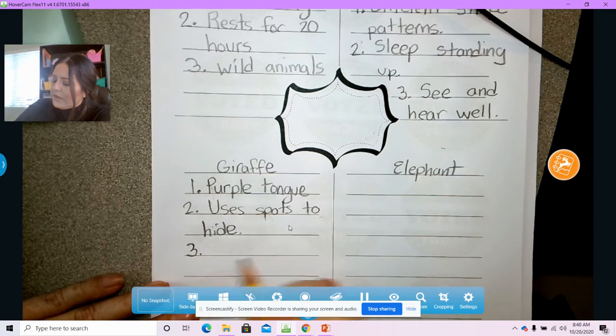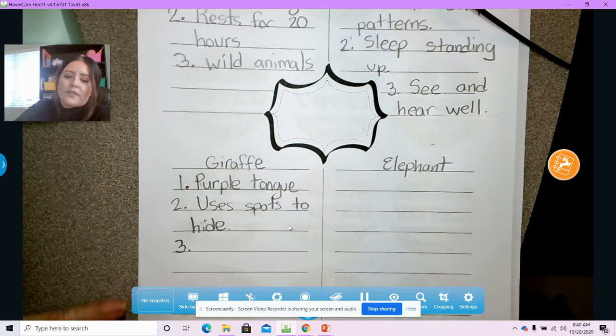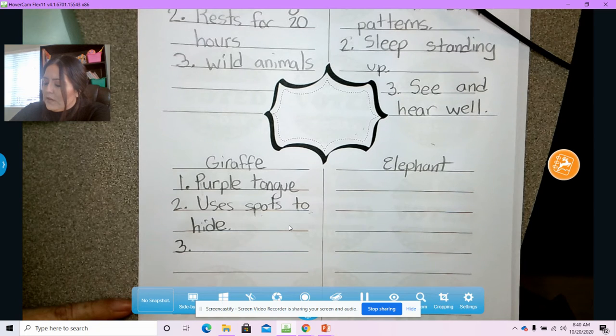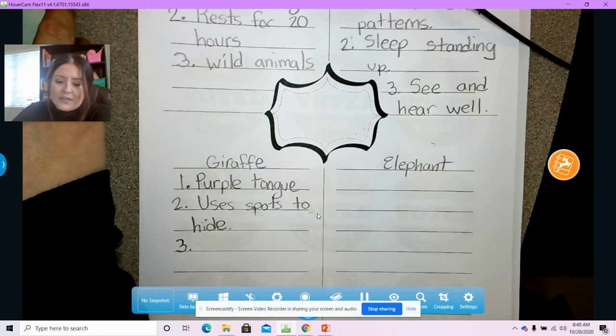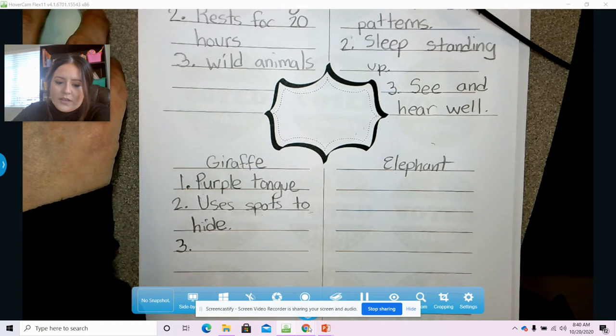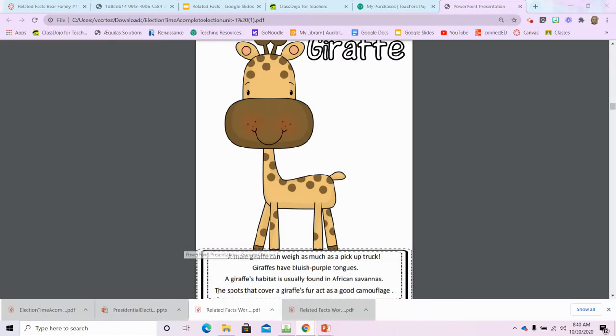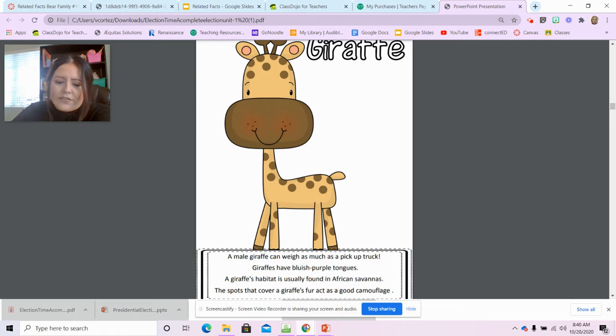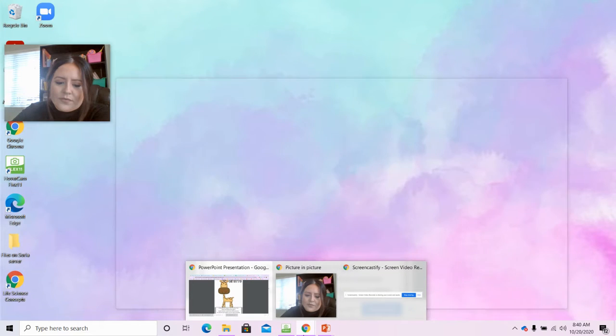And three, we can say the giraffe. We said the giraffe has a purple tongue. They use their spots to hide. They're heavy. They could be as heavy as a pickup truck. And we also learned that they live in Africa.